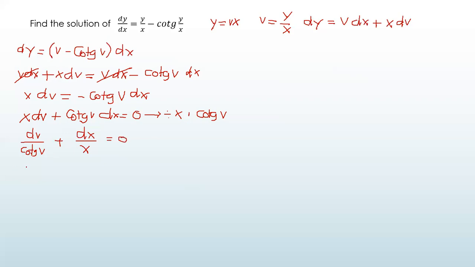Cotangent becomes cosine over sine, so it becomes sine phi d phi over cosine phi, plus dx over x equals 0.